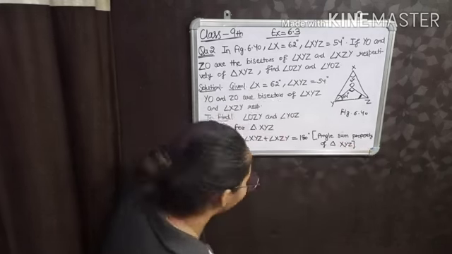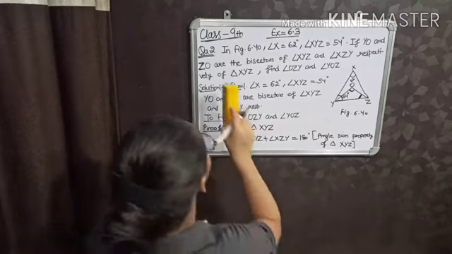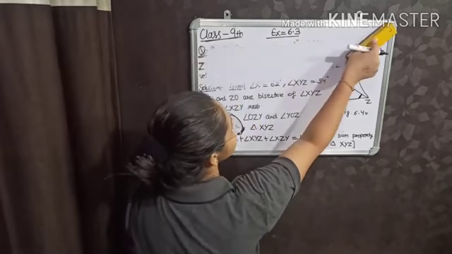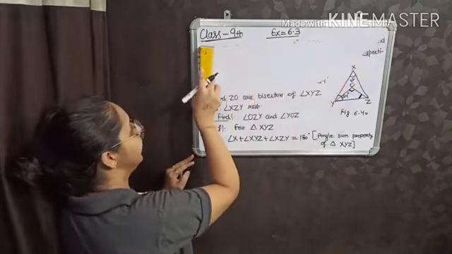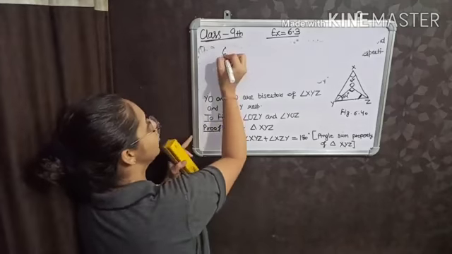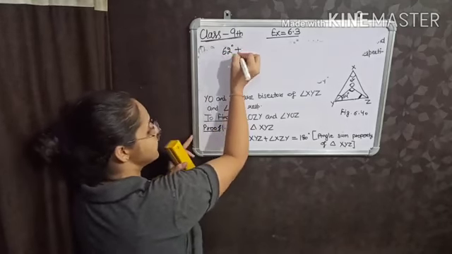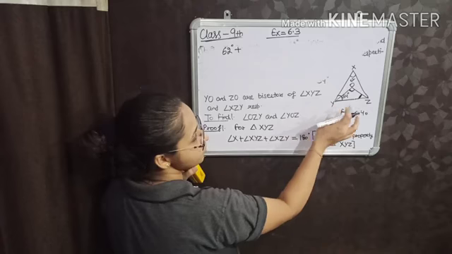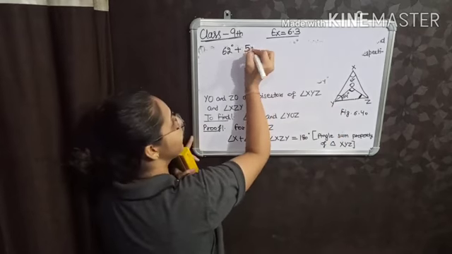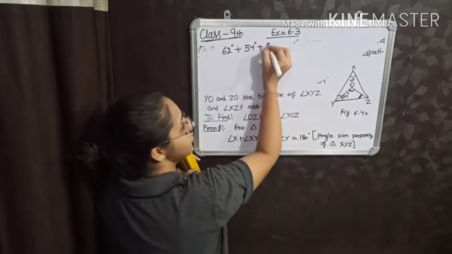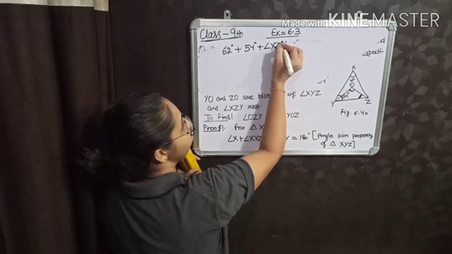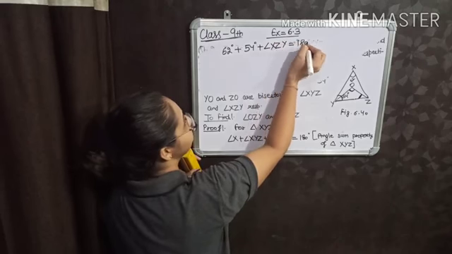Now we know the value of angle X. Angle X is 62 degrees, plus angle XYZ, this is 54 degrees, plus angle XZY is equal to 180 degrees.